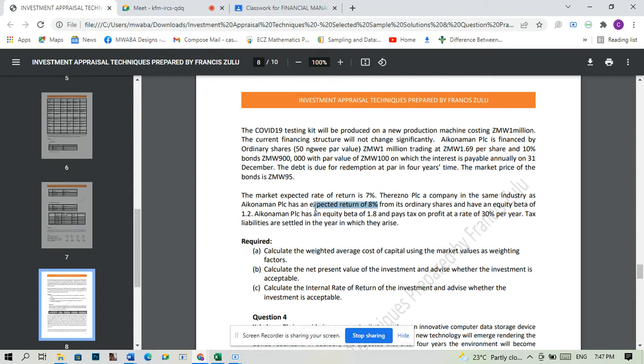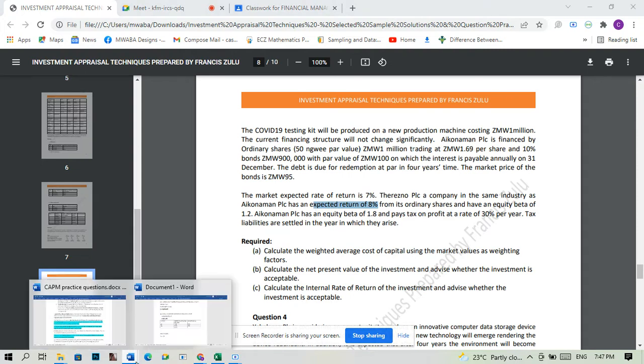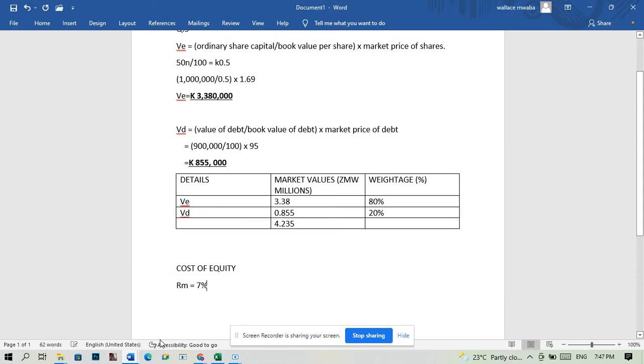So expected rate of return is the cost of equity, okay? So for Iconaman, KE equals 8%.